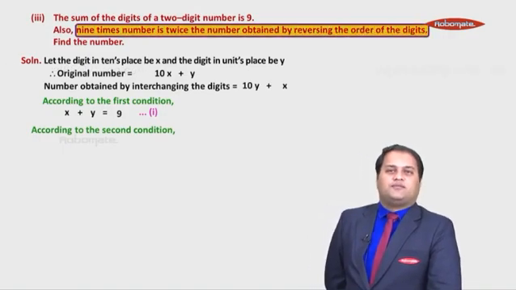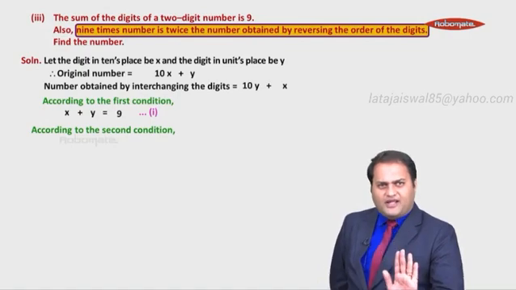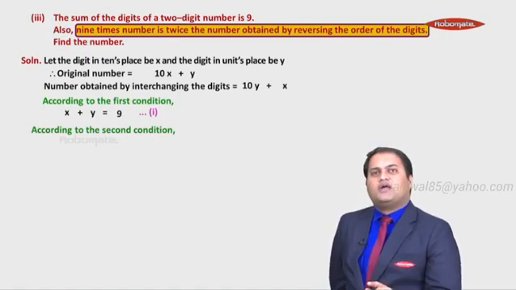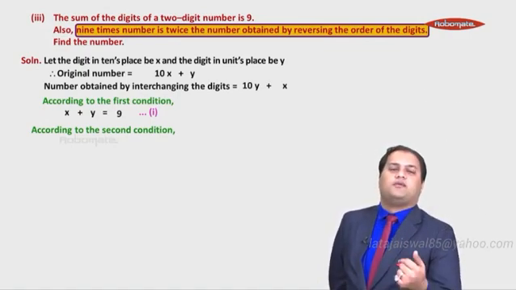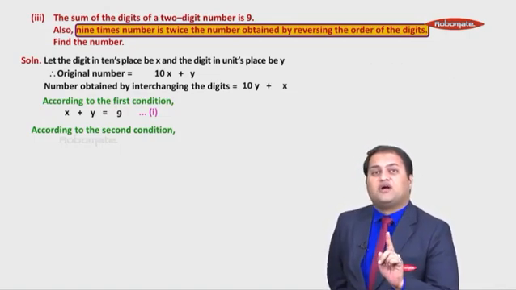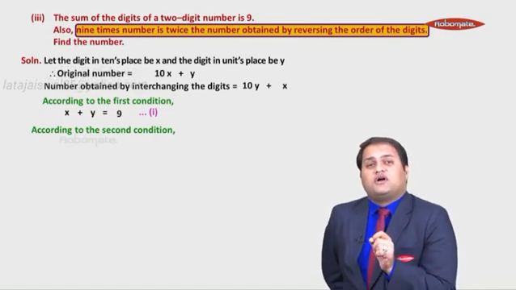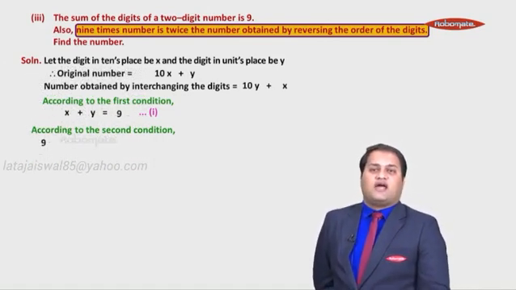The second condition, step by step: 9 times the number is twice the number obtained by reversing. 9 times the number, which is the number here, 10x plus y. So 9 times the number is 9 into (10x plus y).